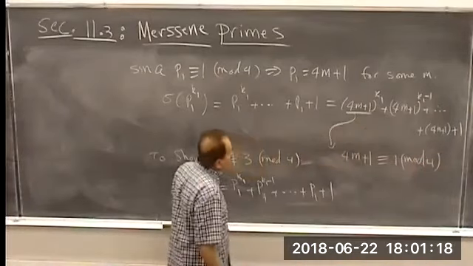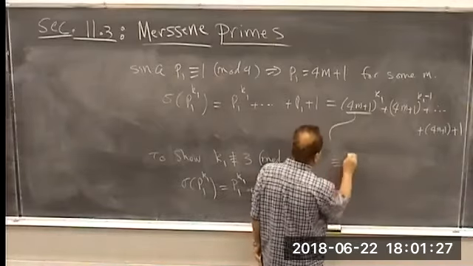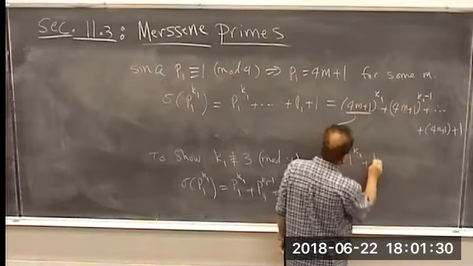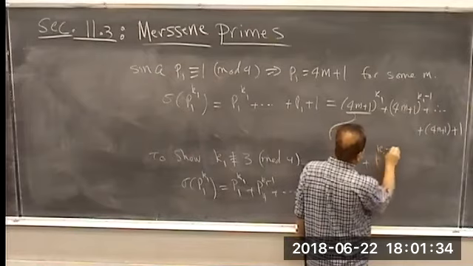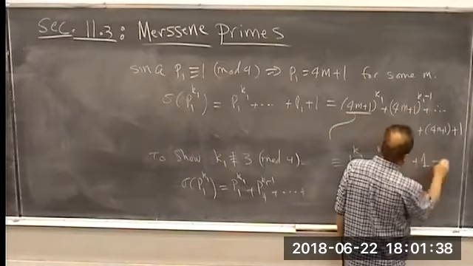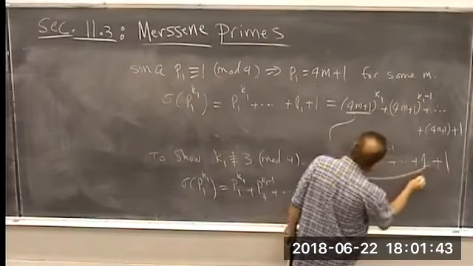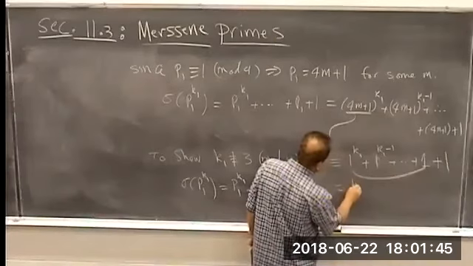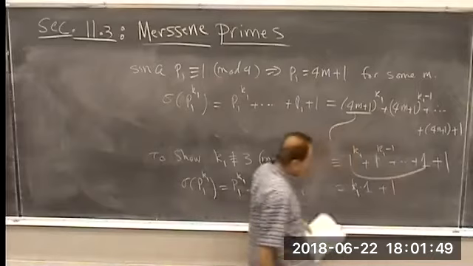So in other words, when we take this mod 4, each one of the quantities inside the parentheses is going to be congruent to 1. So 1 to the power k plus 1 to the power k minus 1 and so on, plus 1 plus 1. Now, how many ones in here? We have K1 ones, so this is K1 times 1, plus 1.